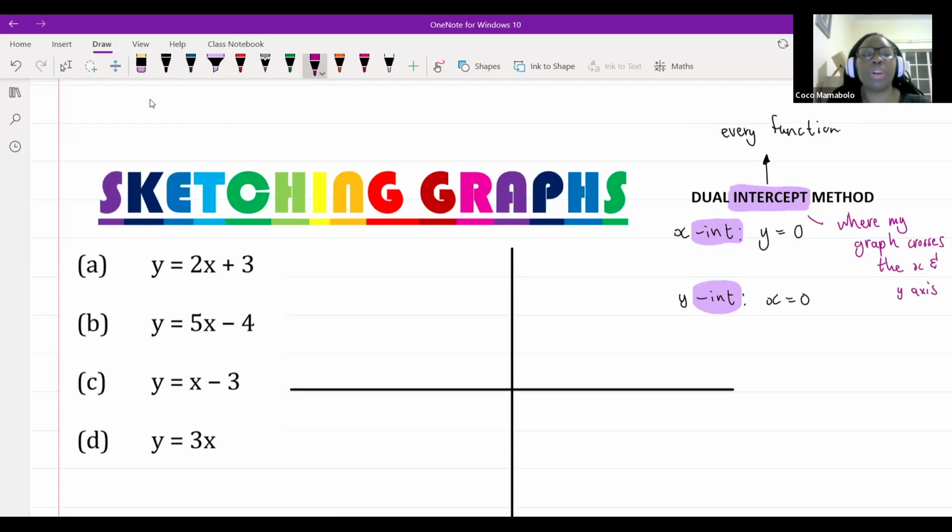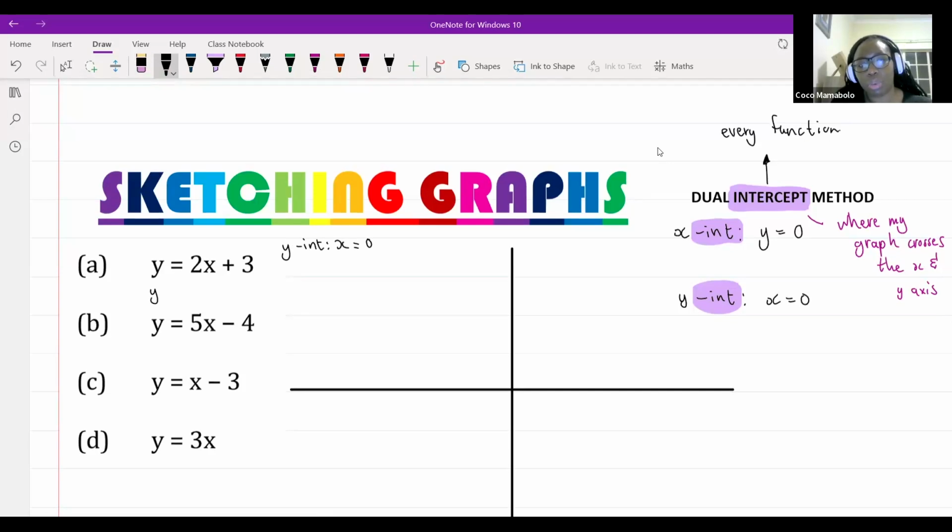I'm going to use this first example that we've got over here that says y is equal to 2x plus 3. If we're looking for the y-intercept, x is equal to 0. So we're going to replace x with 0.